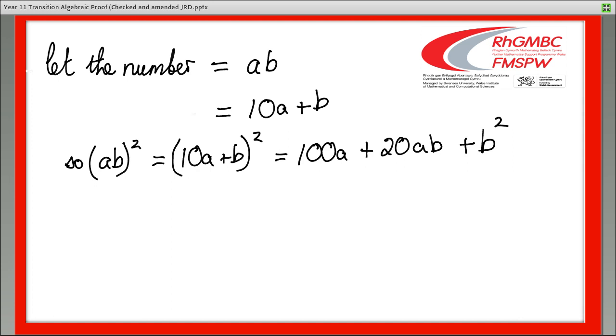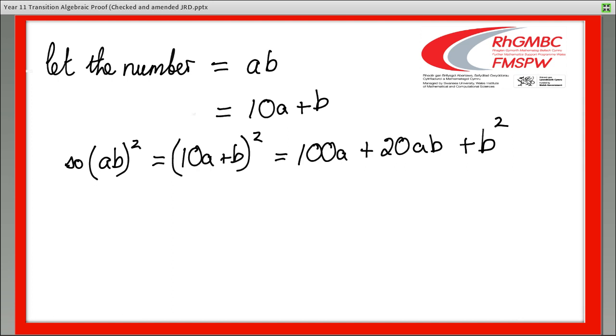So again, that does not contribute anything to the units column. The only item that contributes to the units column is B. And when we square B, from the work we've done on the previous slide, none of those numbers end in 8. So a two-digit number cannot end in 8.